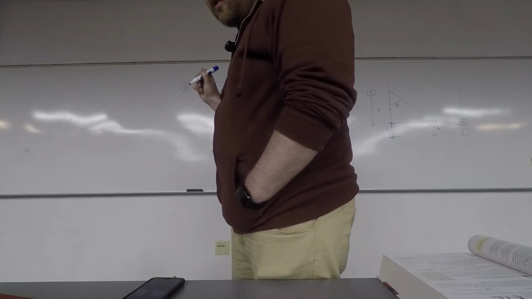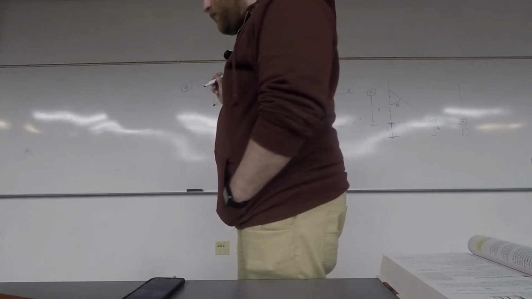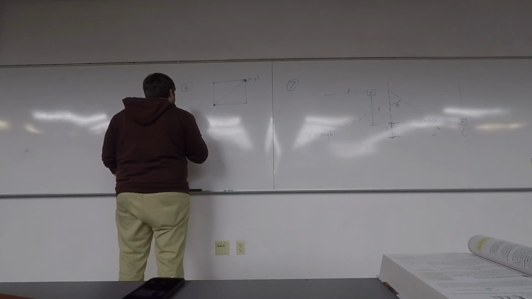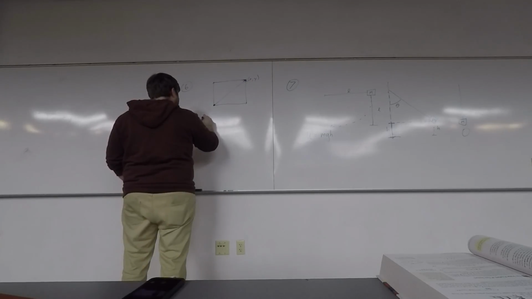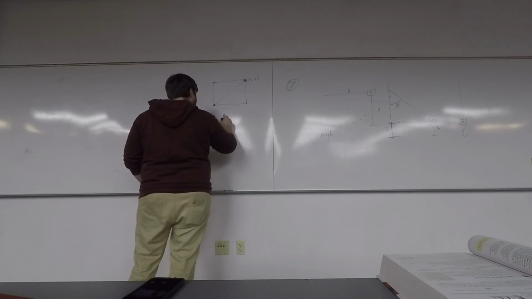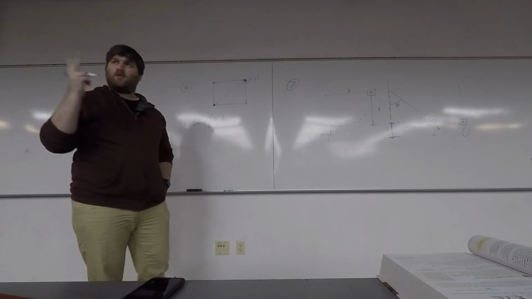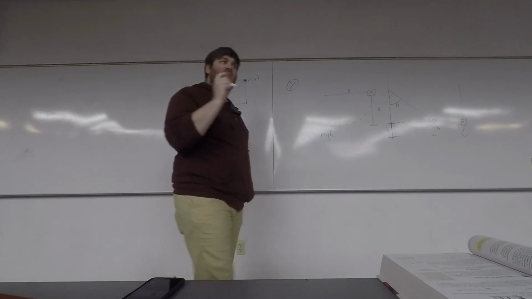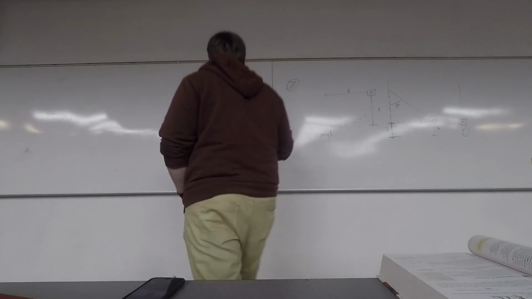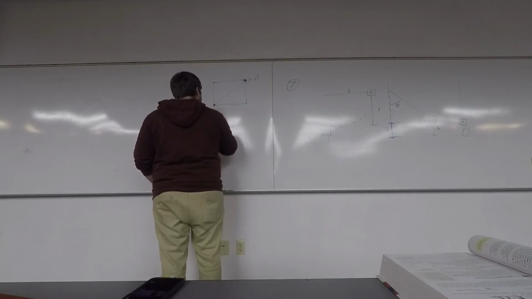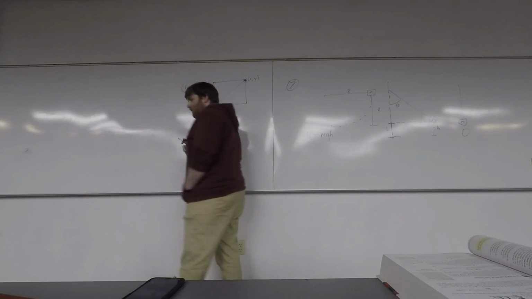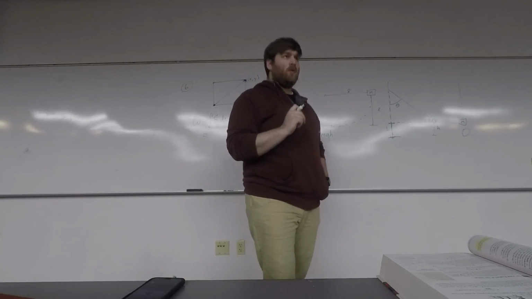For this one, you need to calculate the work done by the force. Well, let's go back to our handy integral. I'm going to call it dr because now we have a vector that has two components, i hat and j hat. It's not just one dimensional. Now, an interesting thing about this is you need to break it up into components.